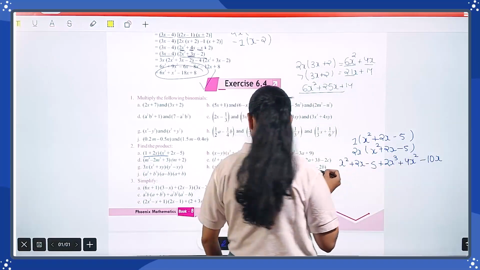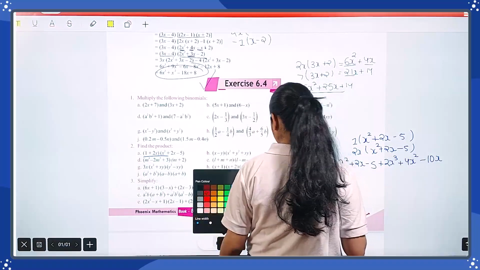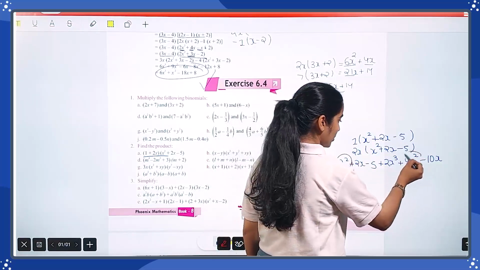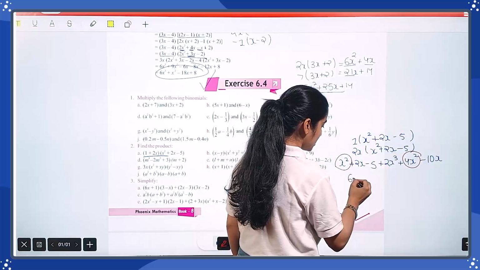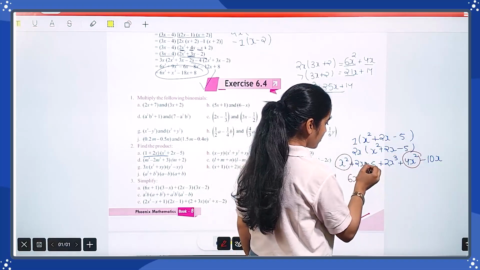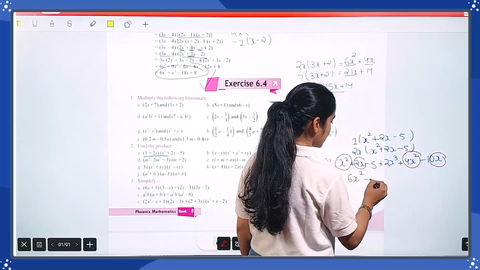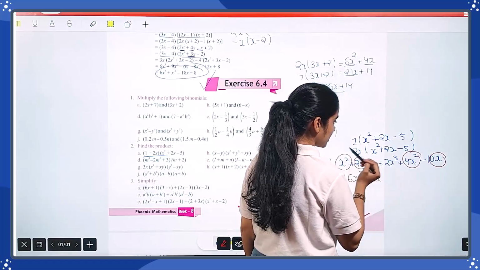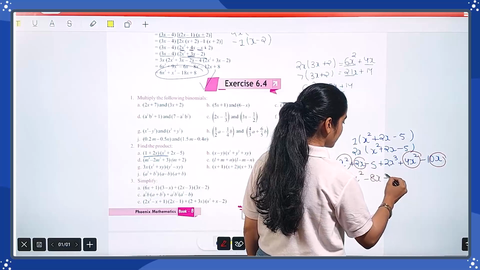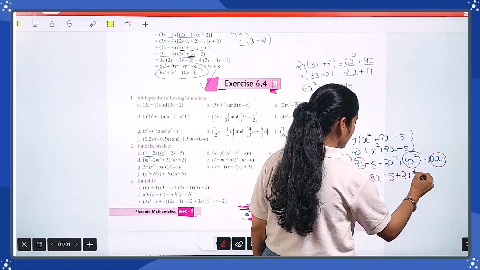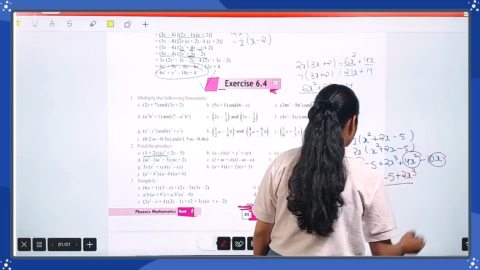So 4x square and x square both are in plus. So 5x square, 2x and minus 10x, so minus 8x. Next we have minus 5 and plus 2x cube. This is your final answer.